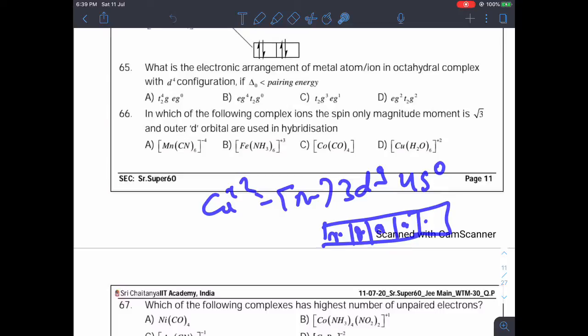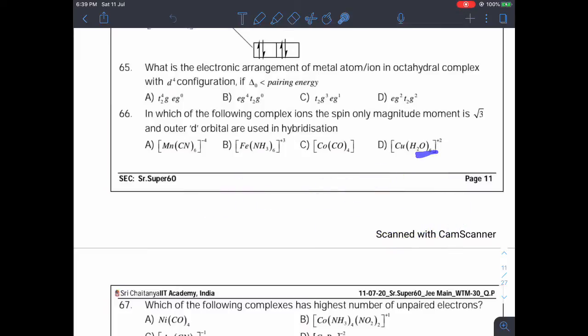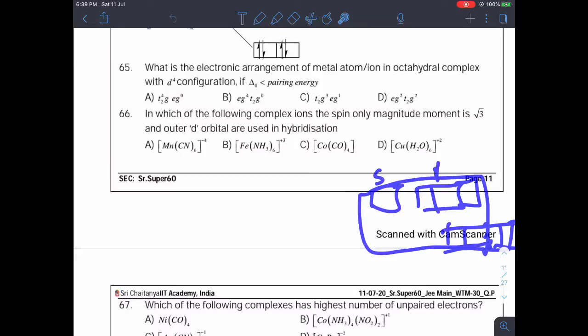One, 2, 3, 4, 5, 6, 7, 8 and 9. So we have one unpaired electron. Obviously for the 6 ligands we need 6 empty orbitals, so it will use outer p and at the same time outer d. 5 d orbitals will be there, we need just 2. So the hybridization will be sp3d2 for this one. So this will come for sure.